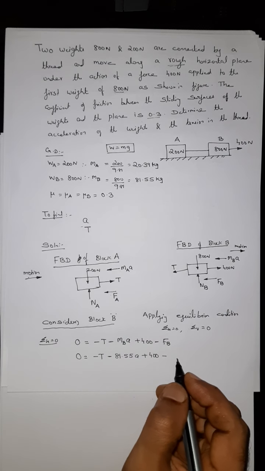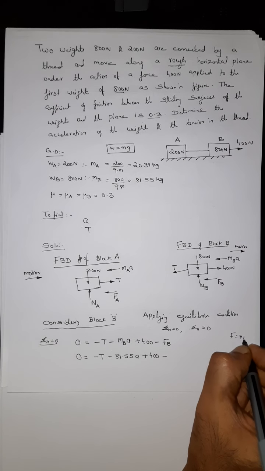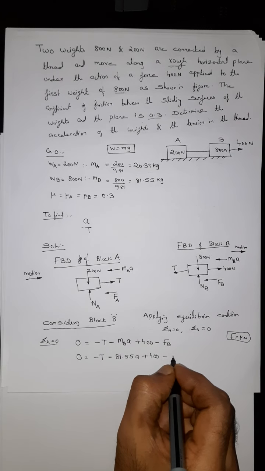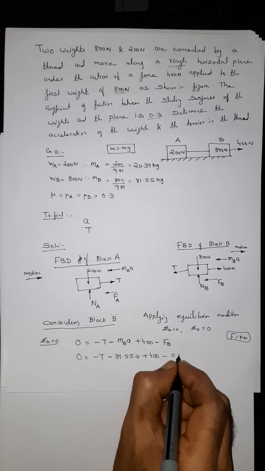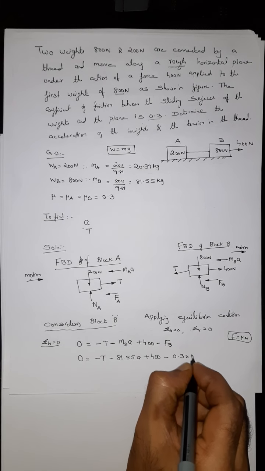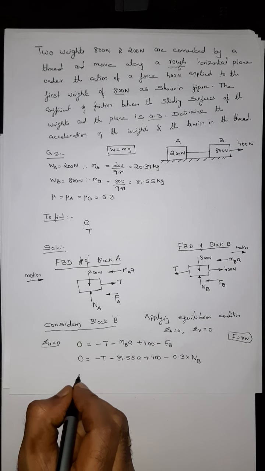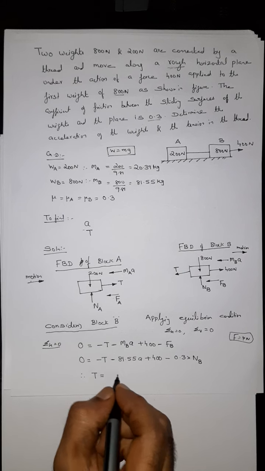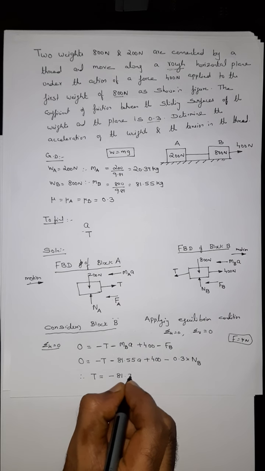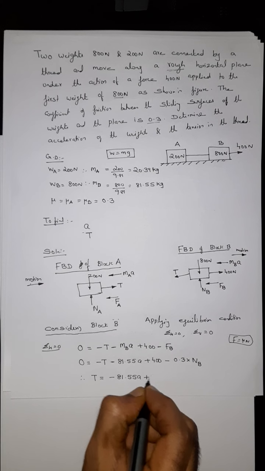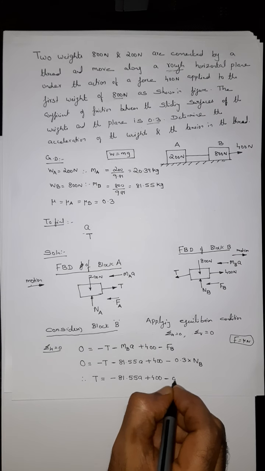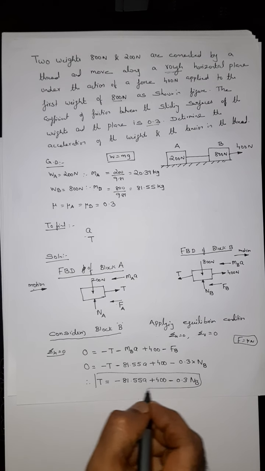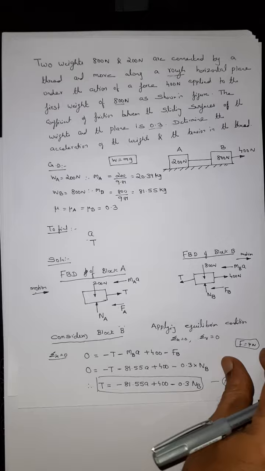Frictional force F is equal to nothing but mu into N, correct? So this can be written as mu is 0.3, so 0.3 into NB. Therefore T equal to minus 81.55 A plus 400 minus 0.3 NB. Equation number 1.